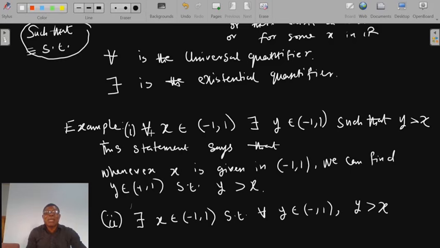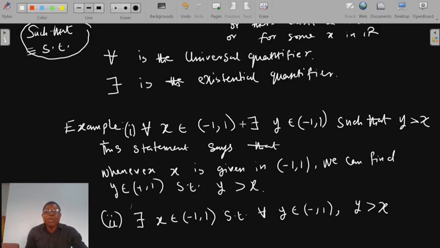These two statements are not the same. In the first statement, for all comes first before there exists. In the second statement, there exists comes first before for all. These two statements, if properly interpreted, will give us totally different things, meaning that interchanging these symbols in a mathematical statement, one has to be very, very careful.